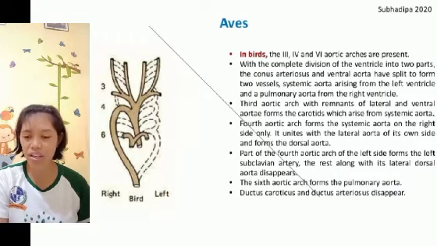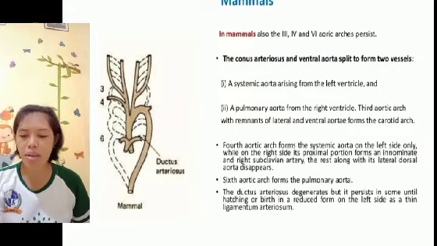Now the third aortic arc with the remnants of lateral and ventral aortae forms the carotids, which arise from the systemic aorta. The fourth aortic arc forms the systemic aorta on the right side.